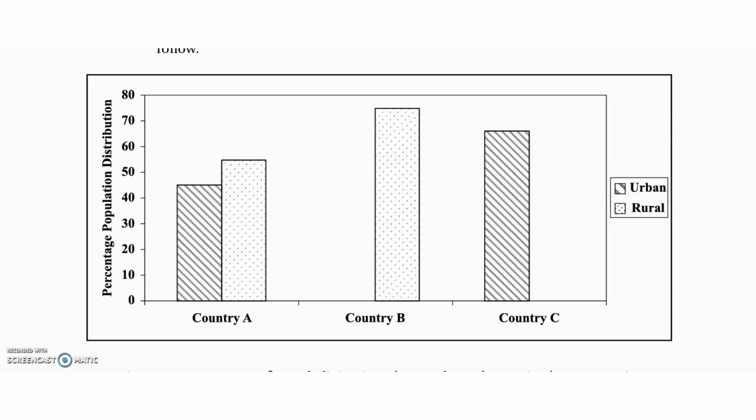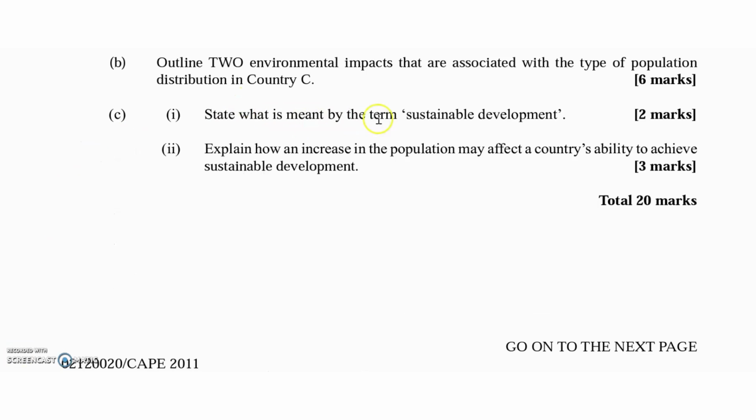All right. Now, part C, state what is meant by the term sustainable development. Now, sustainable development is the term which refers to a means through which a country or a nation or an environment is said to be uplifted, where resources can be utilized or consumed, providing that future generations are not compromised.